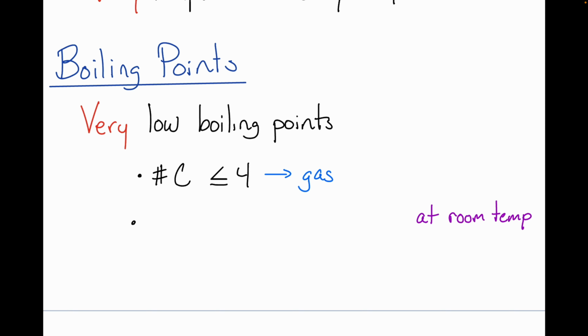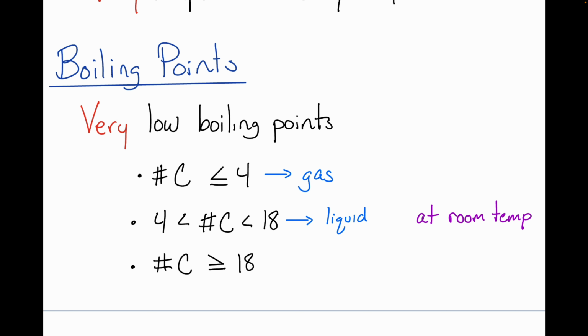If we increase and we're between 4 and 18 carbons, these are liquids at room temperature. And if we have more than 18 carbons, these are solids at room temperature.